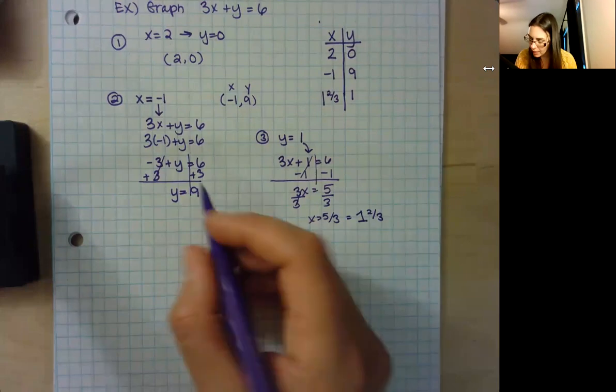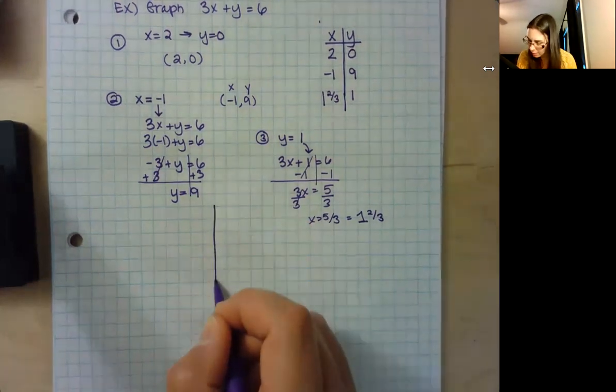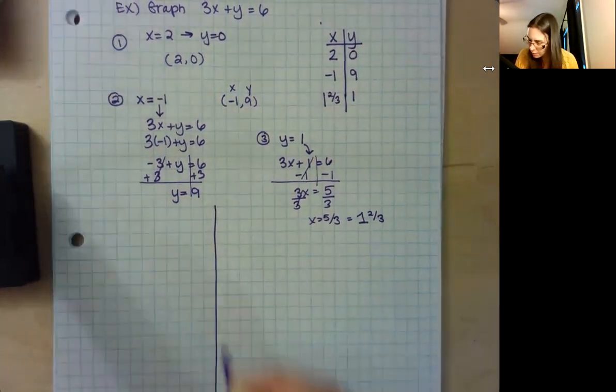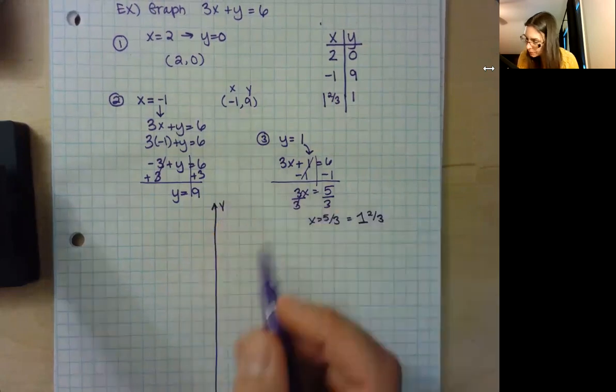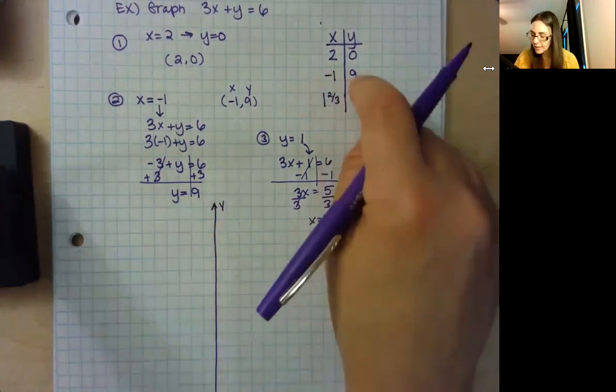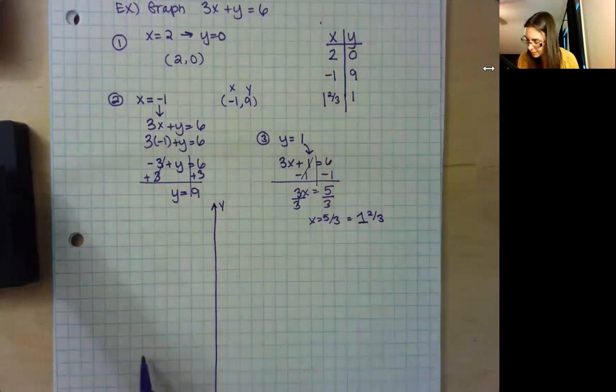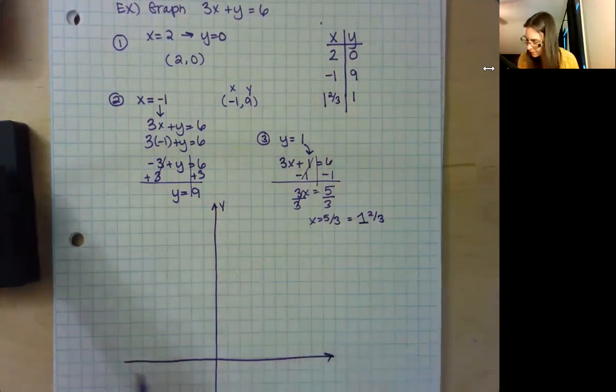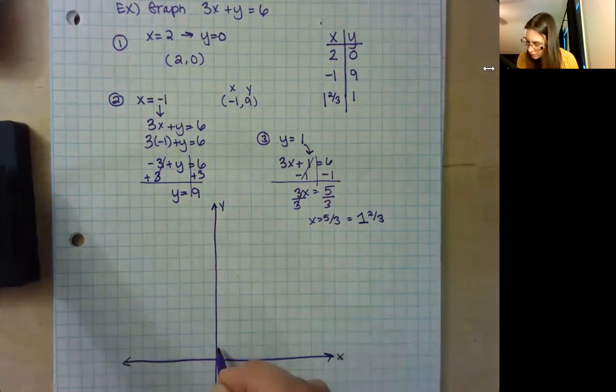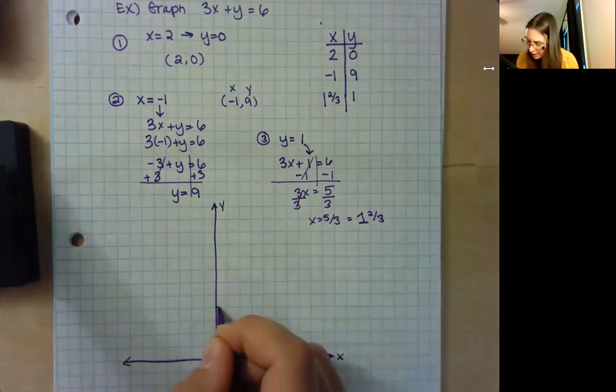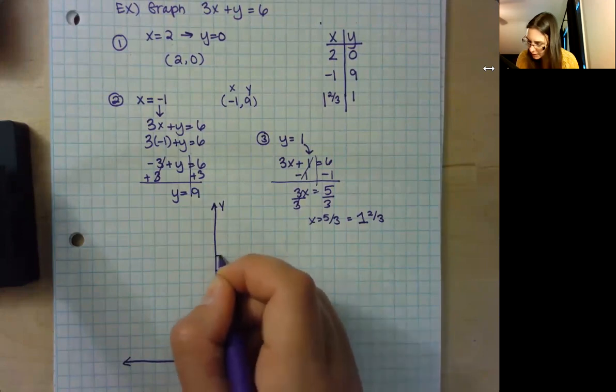So I'm going to go ahead and just draw in. Let's see, my values felt pretty high to 9, so I'm going to just kind of put my x-axis a little low here so I have enough room. So 1, 2, 3, 4, 5, 6, 7, 8, 9.